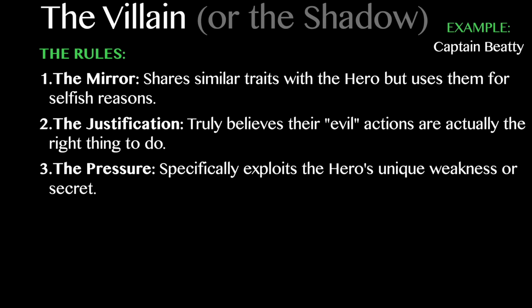Number 3, the pressure. The villain will specifically exploit the unique weaknesses or secrets of the other characters. Thanos is great at this. Captain Beatty is great at this, right? We know that he can tell Montag is nervous. He doesn't know what he's doing. He's afraid. And so Beatty will poke at him in little ways and kind of nudge him.